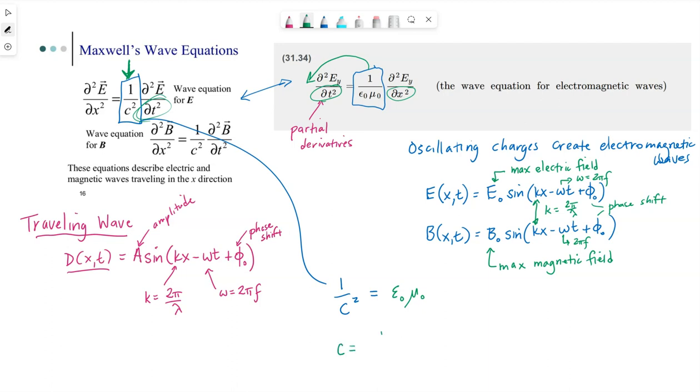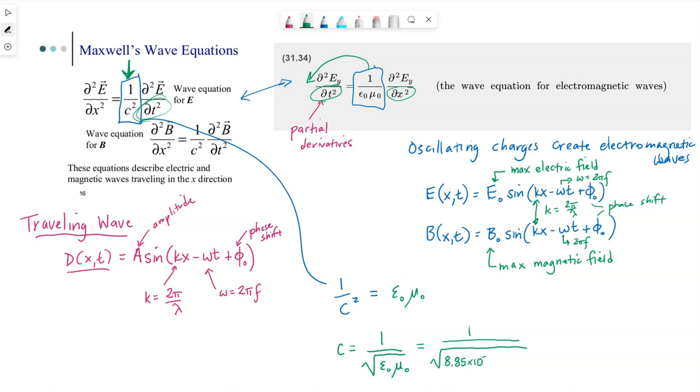What this tells me, though, is c, the speed of our wave, which is the speed of an electromagnetic wave. If you happen to recall, we briefly introduced electromagnetic waves earlier on in the semester, and we said that they all travel at the speed of light in a vacuum, and we use c to represent that.